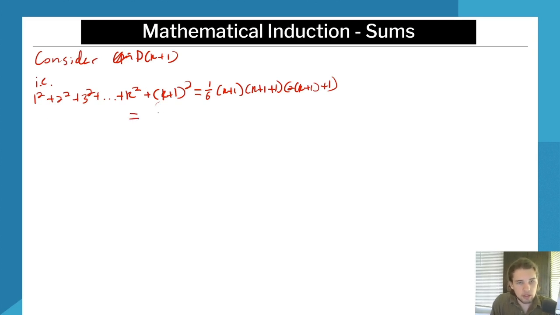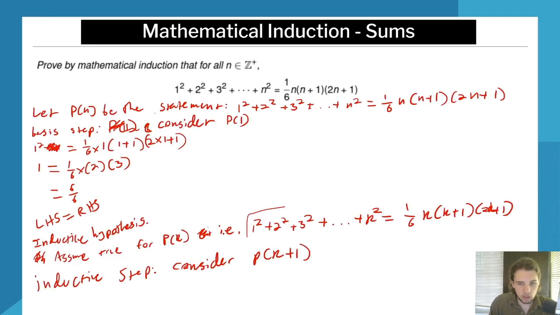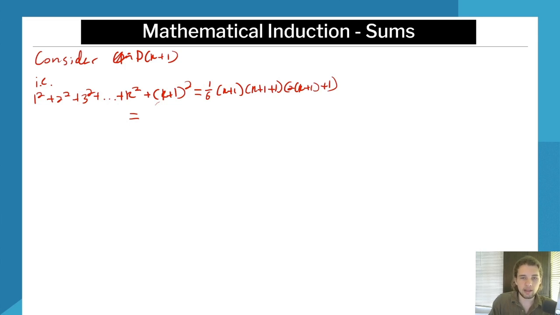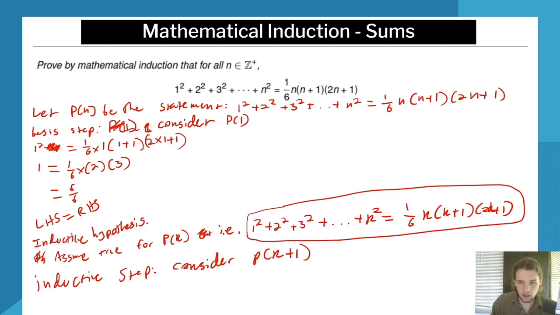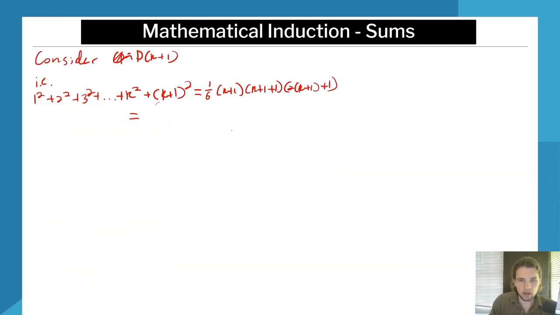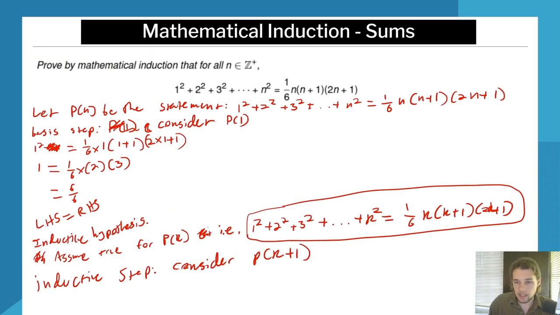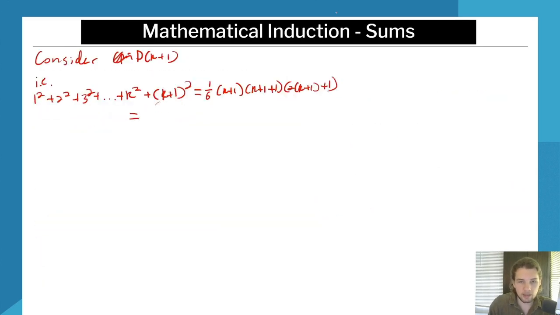Now I'm going to concentrate on the right-hand side. I want to get some component of this over here in here, so I'm going to try to keep some things. I see there's k+1 here and there's k+1 here, so I'm going to try to keep that.